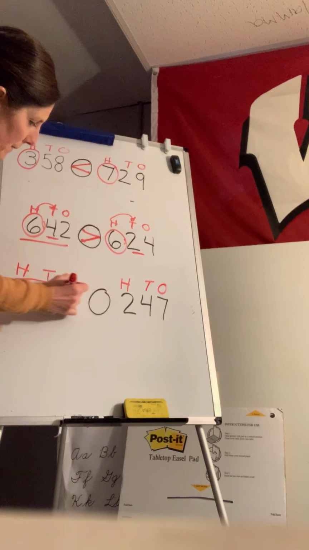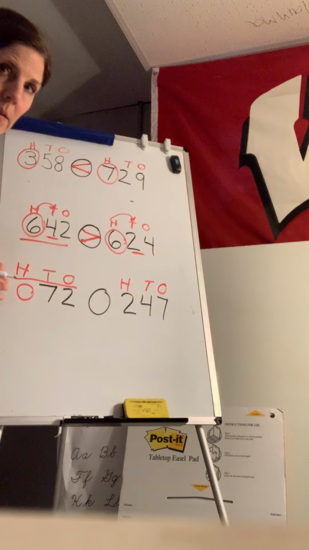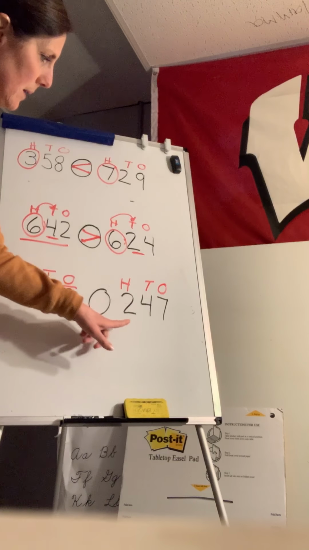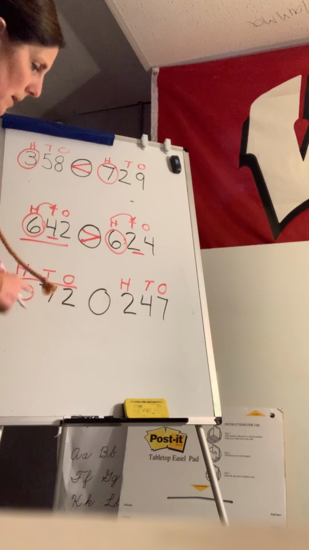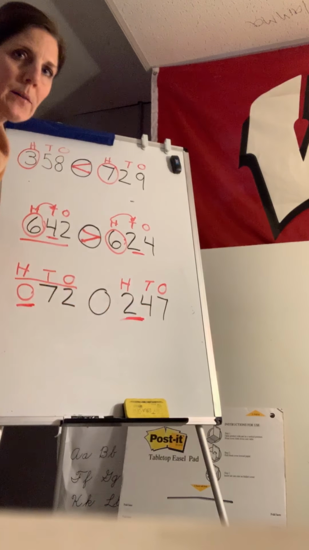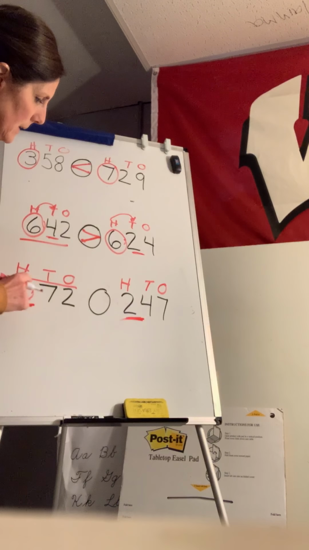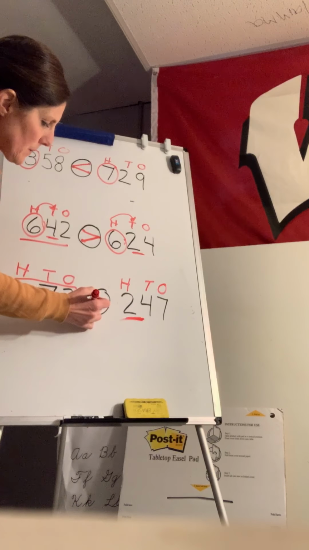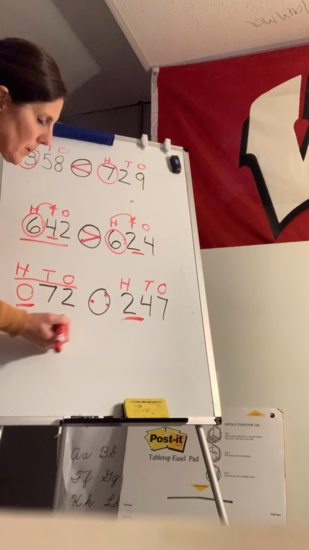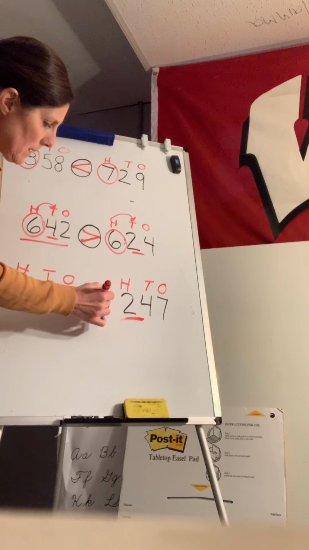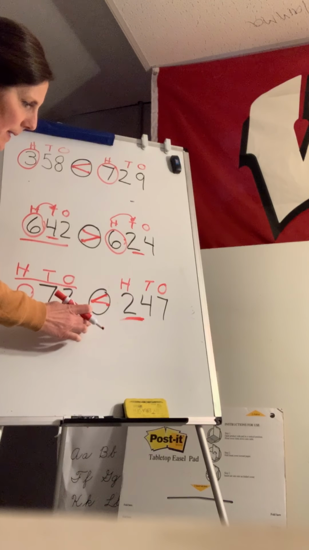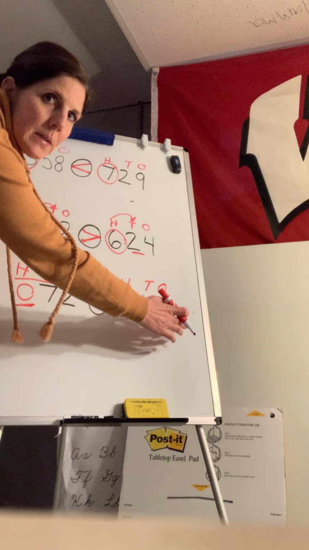So to make it have 3 digits, I'm going to add a 0 in the hundreds place, because now I have hundreds, tens, ones, hundreds, tens, ones. And when I look, I have 0 hundreds compared to 2 hundreds. And we all know that 0 is less than 2. So we're going to put 1 dot by the number that is less, 2 dots by the number that is more. Connect our dots, and we read this as 72 is less than 247.